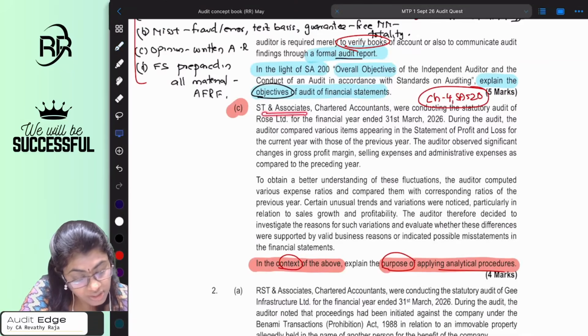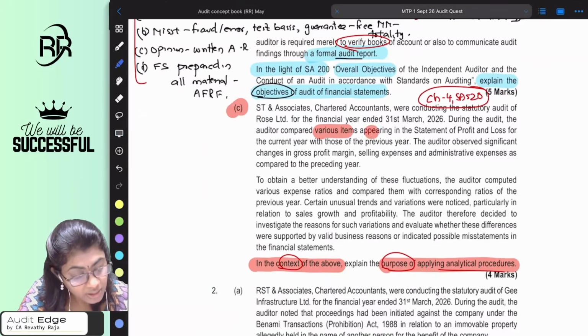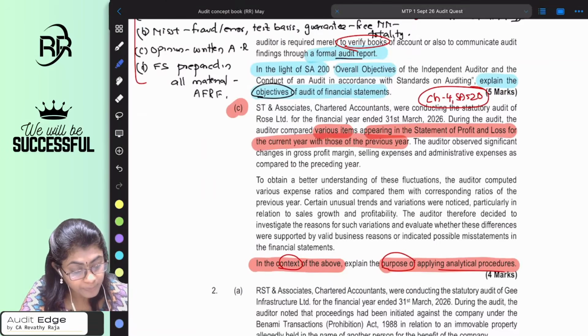RST and Associates, Chartered Accountants, were conducting the audit of Rose Limited for the financial year. During the audit, he compared various items in the P&L account for the current year with the prior period. He observed significant changes in profit margin, selling expenses and administrative expenses during the year compared to the preceding year.